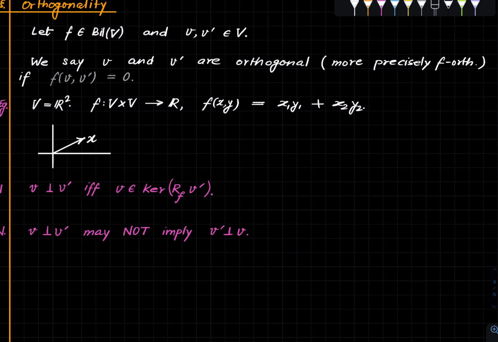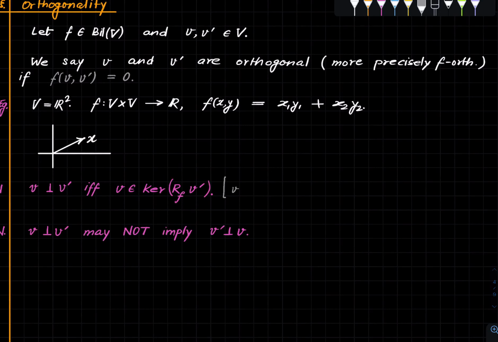And here is what I want to note in a more formal way. V and V prime are orthogonal if and only if V is in the kernel of R_f of V prime. This is immediate because the reason is this.